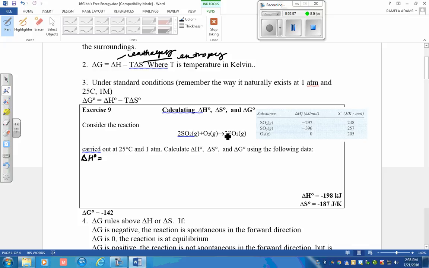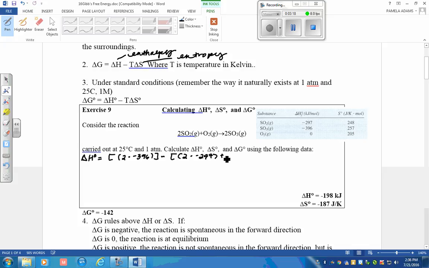First, I take the products, 2 times its value, negative 396, and then I will subtract 2 times the value for SO2, minus 297.